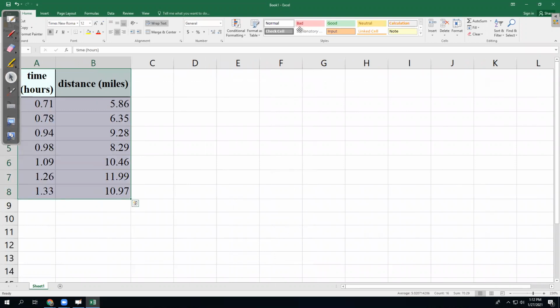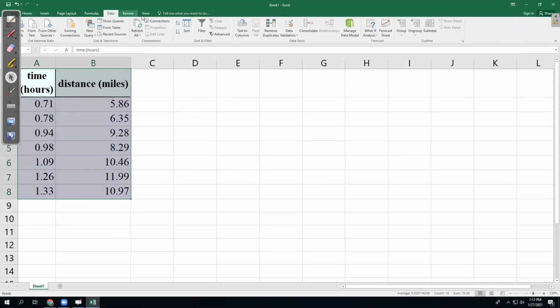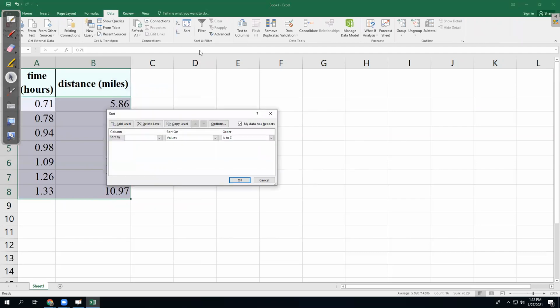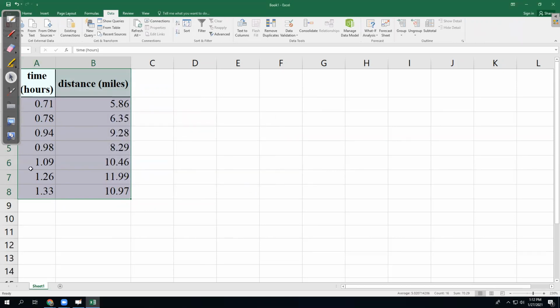And sorry, my Zoom screen's in the way. And then I would go to Data and then Sort. And then it works pretty much the same way. It's already checked the box: my data has a header row. So then I just say, hey, sort the times for me, please. And then I hit OK, and it will reorder them for me if they weren't already in order.